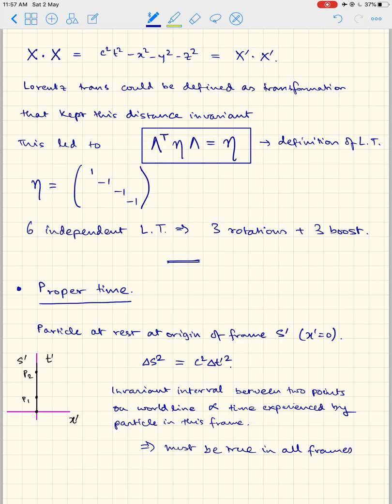So the time experienced by the particle in this frame is going to be called the proper time.